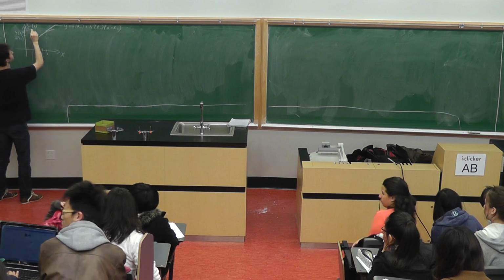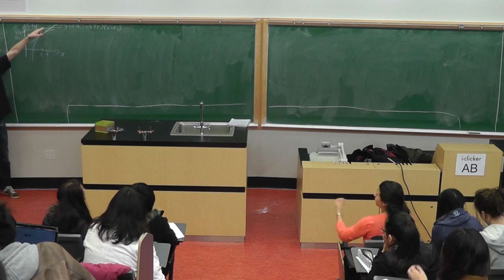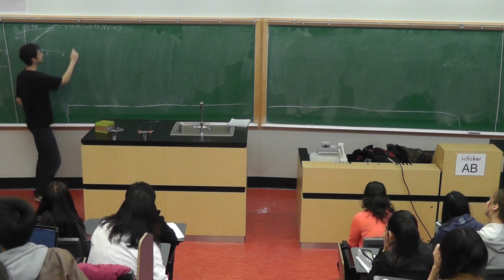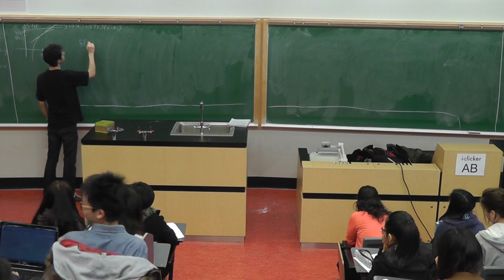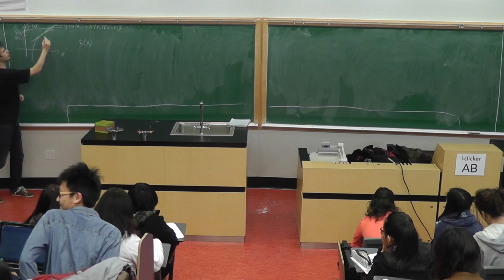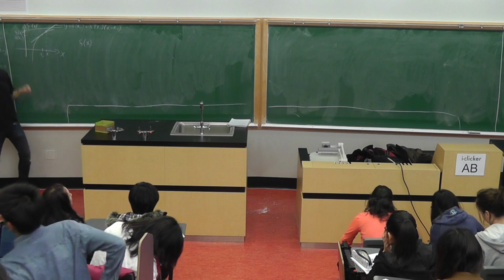So this is this value, the value of y along this line. And our approximation was as follows. We wanted to say that f of x, this number on the graph, is not far away from the y value along the line.